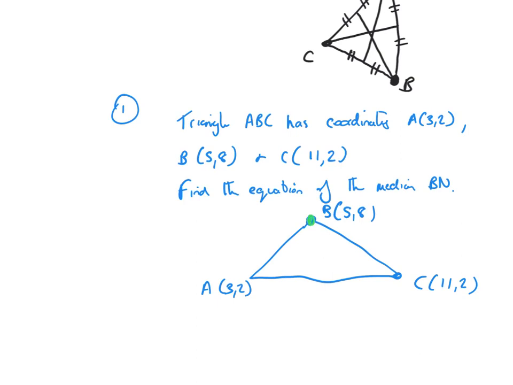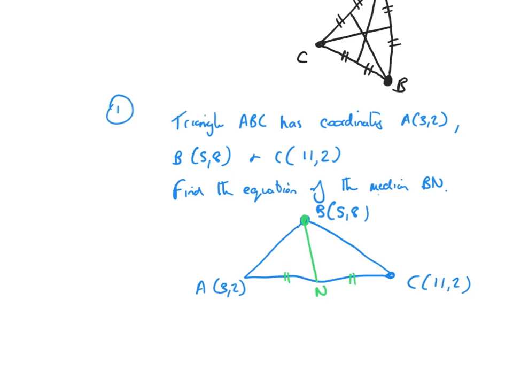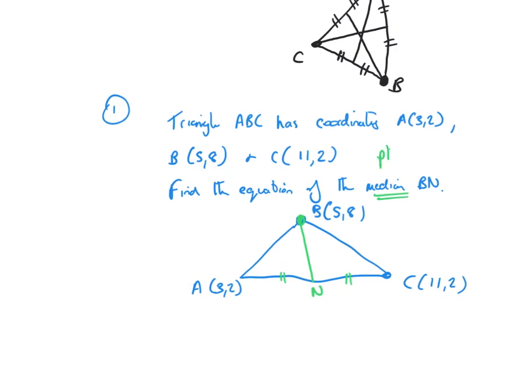The median is coming from B and it cuts the opposite line in the middle, and we're told that the line is called BN, so that would be N. To find the equation of the median, which is a straight line, we need a point and we need to find the gradient. We've got a point. It's not A and it's not C because they don't lie on the line. The point that lies on the line is B, (5,8). So that can serve as my point.